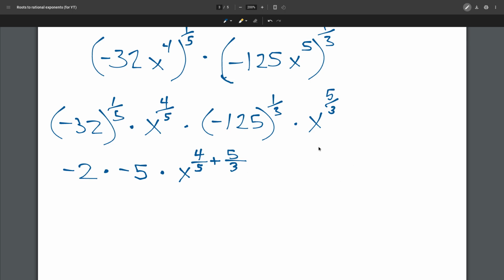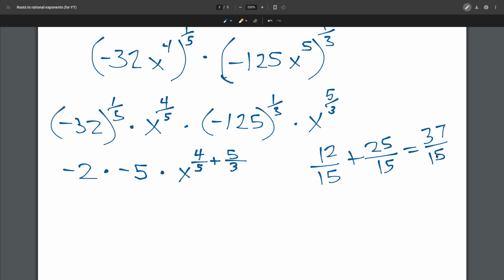So 4/5, if you multiply the top and the bottom by 3, you get 12/15. And if you multiply the top and the bottom here by 5, you get 25/15. Okay. Add those together, you're going to get 37/15.